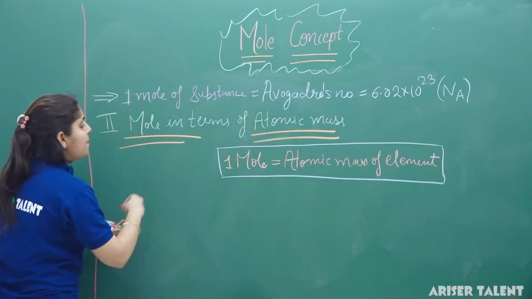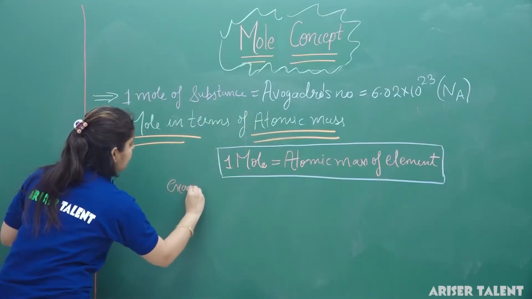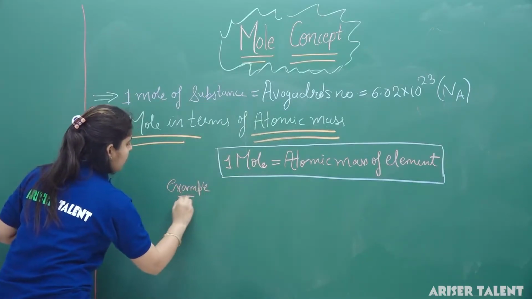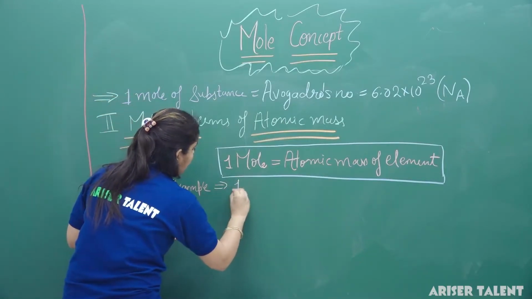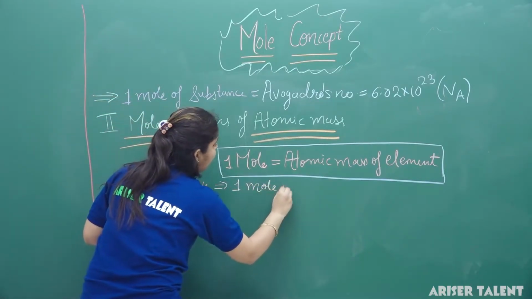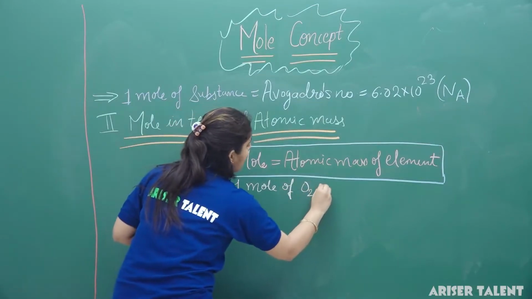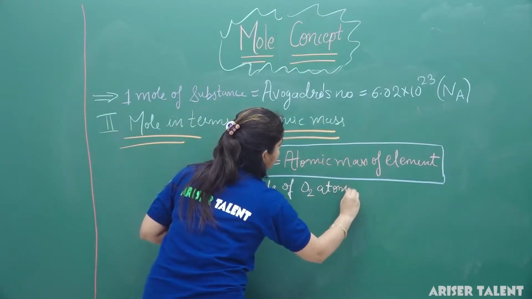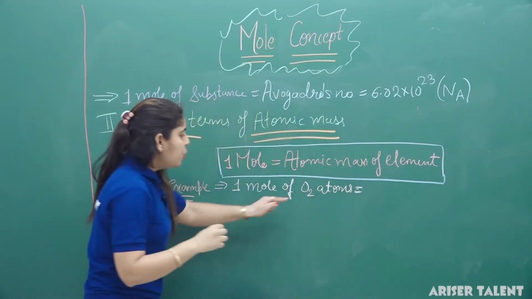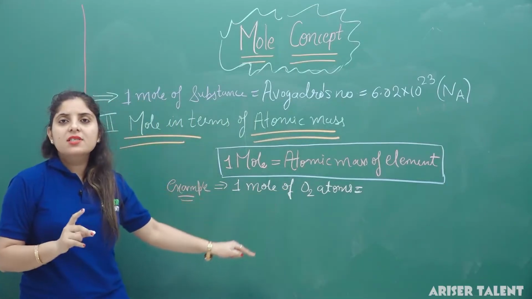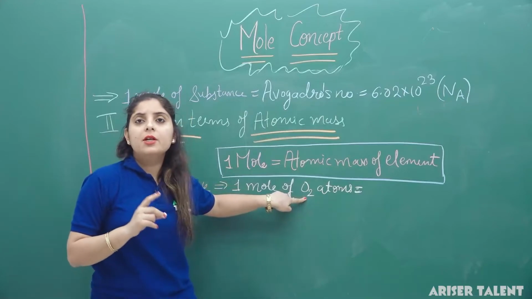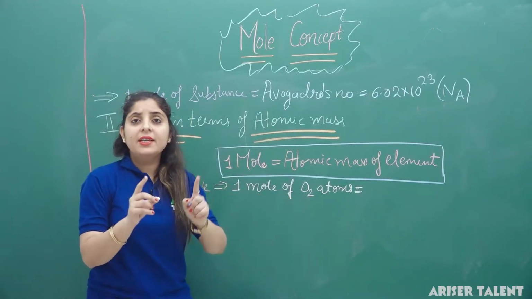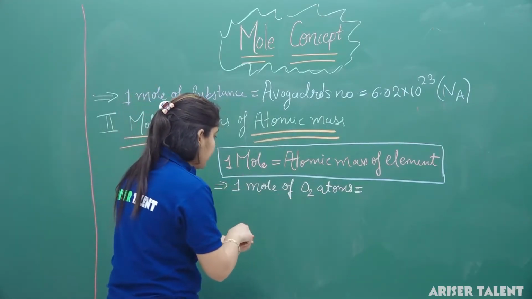Here we have an example. Suppose we have 1 mole of O2. We know that the atomic mass for oxygen is 16. If we are concerned about O2, the mass will be 32, that is 2 multiplied by 16.